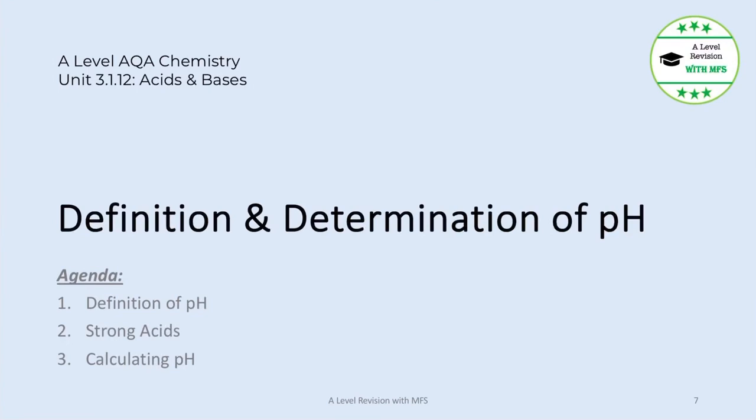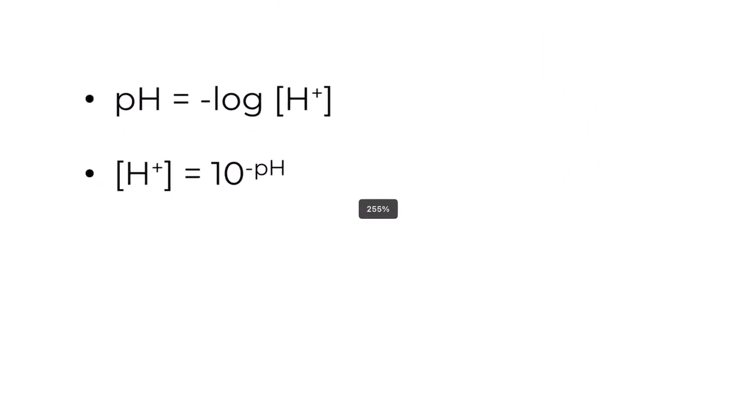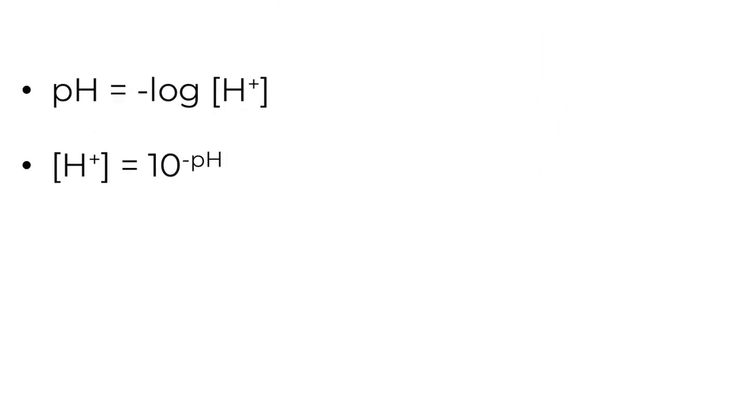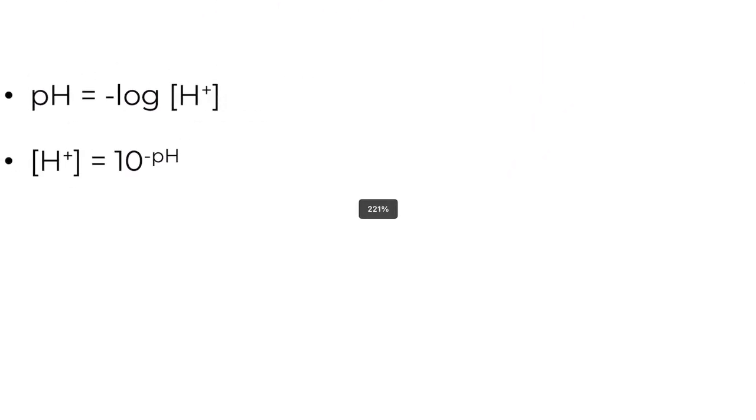Now, how do logarithm functions actually work? So using this formula, we can actually derive the other formula. Okay, so the definition of pH is basically, we've got pH equals negative log base 10 of the hydrogen ions. Okay, now what does this actually mean? If we wanted to work out the hydrogen concentration, you can actually just learn this formula, but you can also derive it from the original formula.